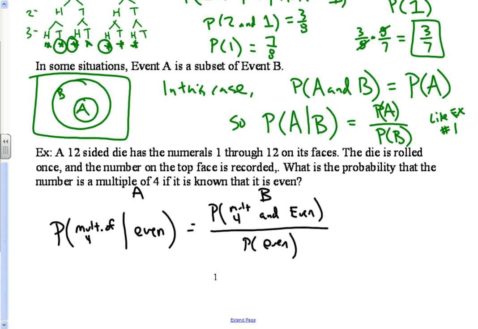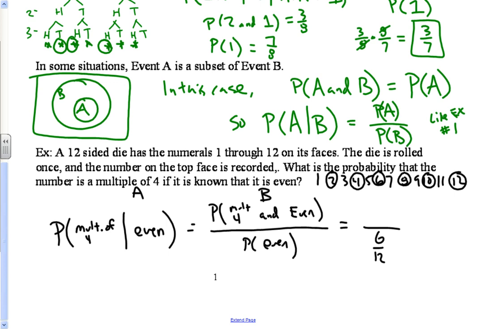Alright, well, if we think about all the numbers 1 through 12, and if it helps you write them down, 1, 2, 3, 4, 5, 6, 7, 8, 9, 10, 11, 12. Let's start with the probability that the number is even. Well, there are 1, 2, 3, 4, 5, 6 numbers that are even. Alright, so that would be 6 out of the 12 numbers are even.